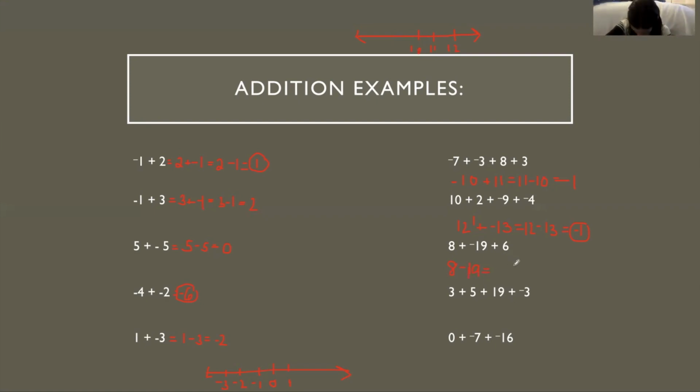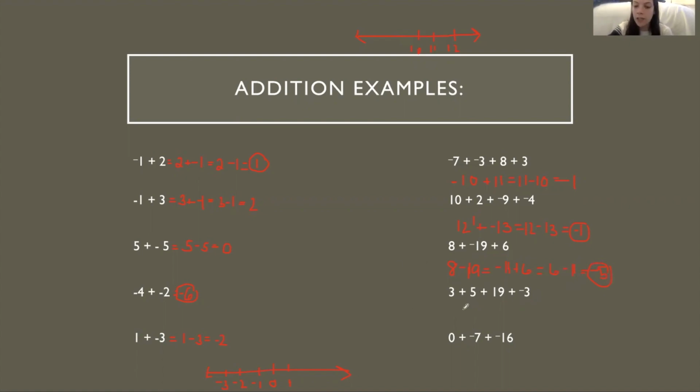So 8 minus 19 is going to get us negative 11, plus 6, we know, is just going to be 6 minus 11, and that's going to give us negative 5. Sorry, it's a little messy, but it's negative 5.